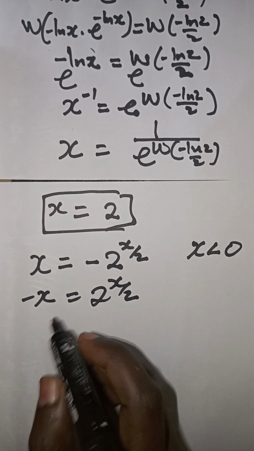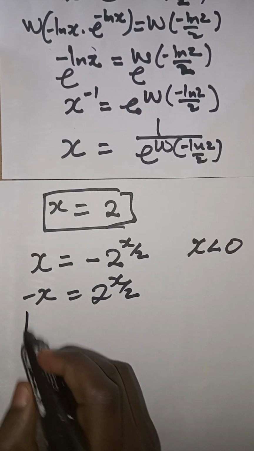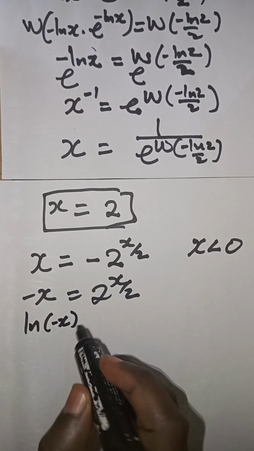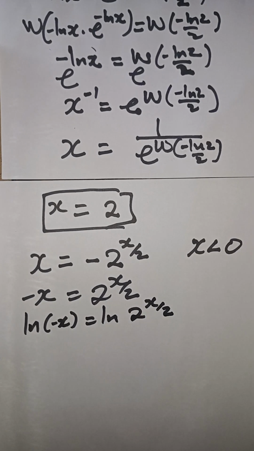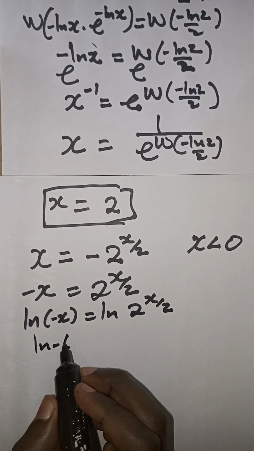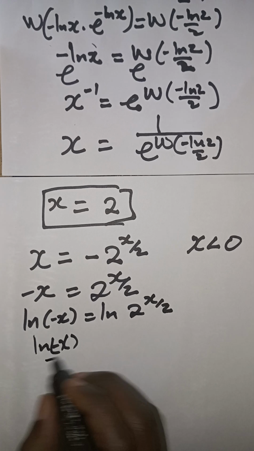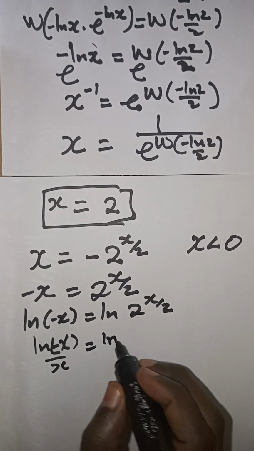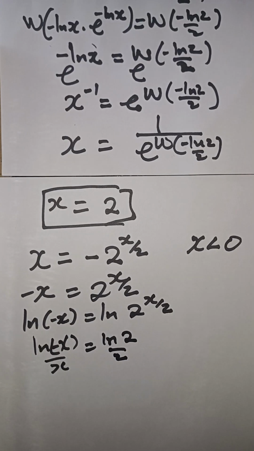Introducing ln on both sides, that becomes ln of negative x is equal to ln of 2 raised to x over 2. This can come down as ln of negative x divided by x is equal to ln of 2 divided by 2.